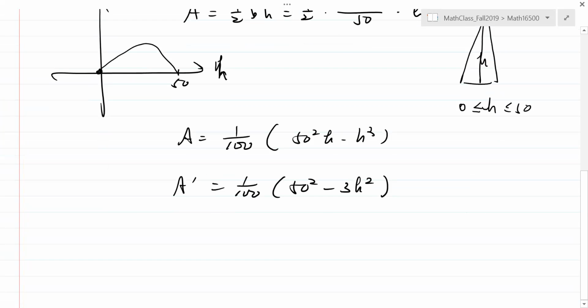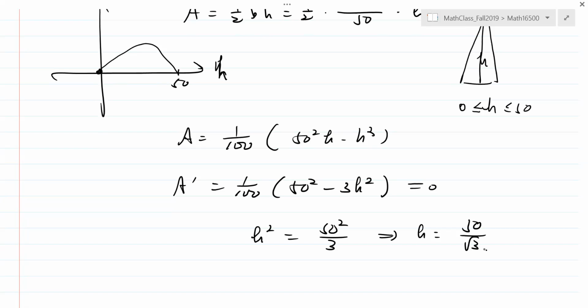If I set this to be 0, h squared equals 50 squared over 3. That implies h is going to be 50 over square root of 3. So when h equals 50 over square root of 3, this triangle has the largest possible area.